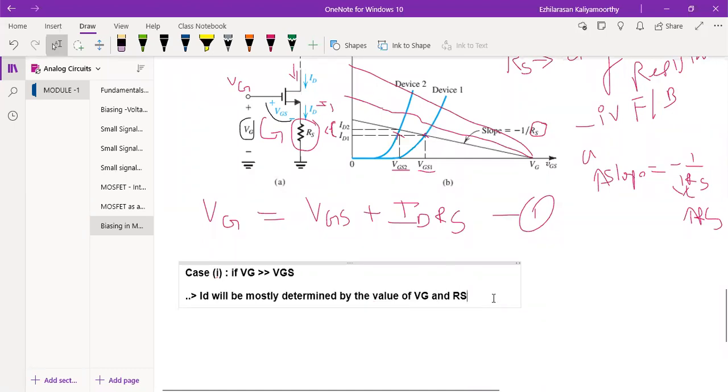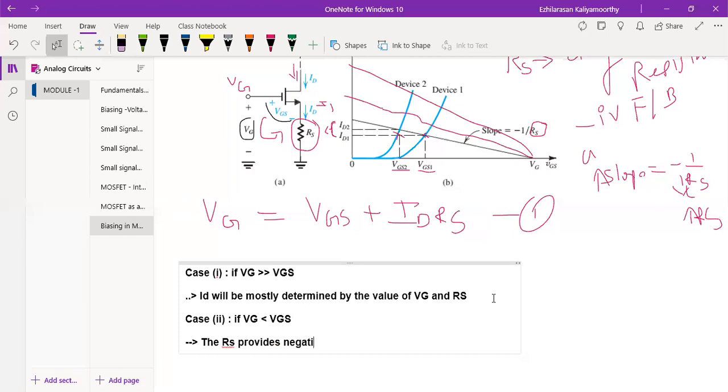Next, the second case. When I go for the second case, if Vg is less than VGS, now what will happen? The source resistance, that is Rs, provides negative feedback. This is what I said earlier.